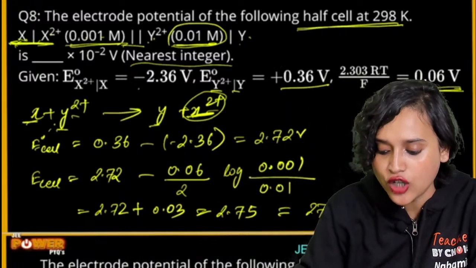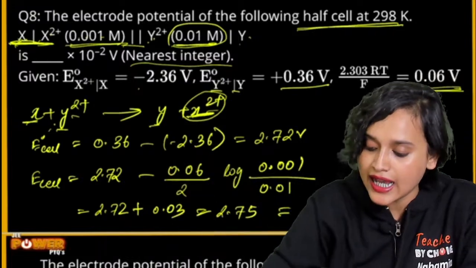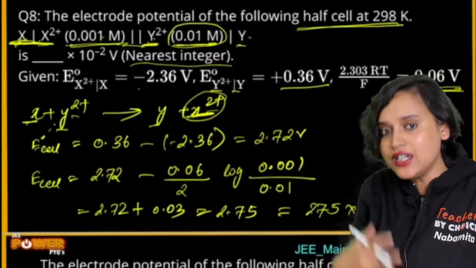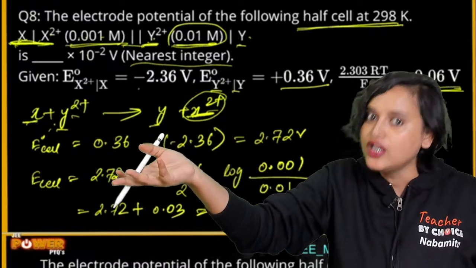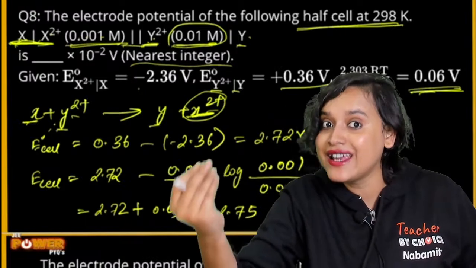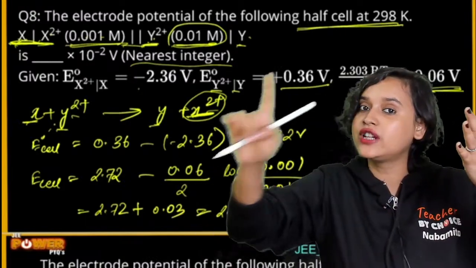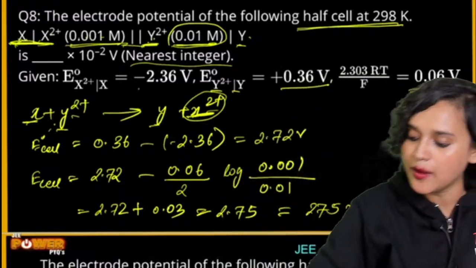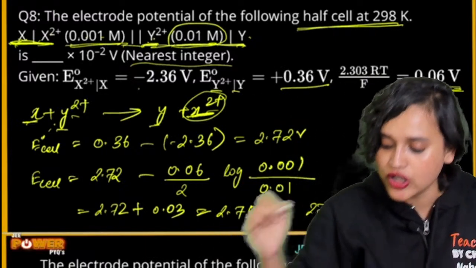This is your oxidation half. On that side, Y2 plus is gaining 2 electrons to form Y. Reduction is gain. OIL RIG, do you remember? Oxidation is loss of electrons, reduction is gain of electrons. So this is your reduction half.